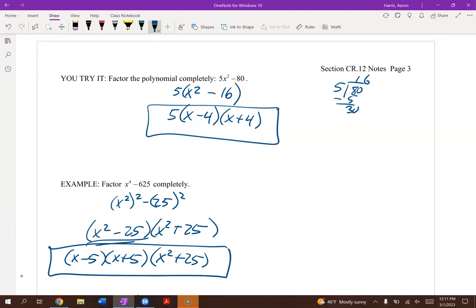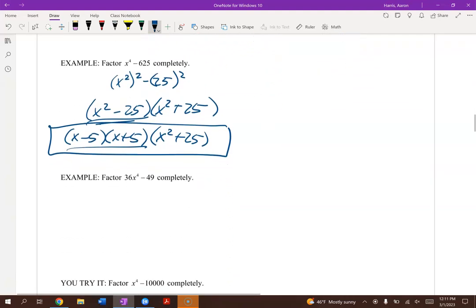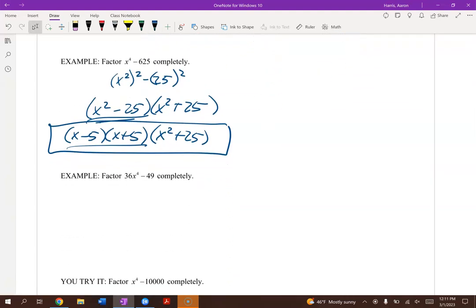Right? And we're done. By the way, there's no sum of squares. So x squared plus 25, we're stuck there. Again, that x squared minus 25, that one kept going, right? That kept going and gave us x minus 5, x plus 5. Here's a nice one as well. That's difference of squares.